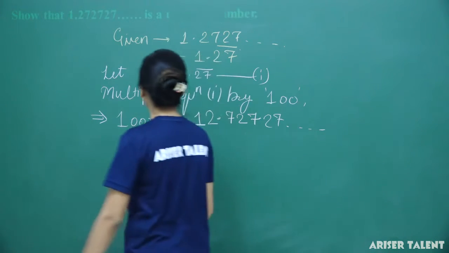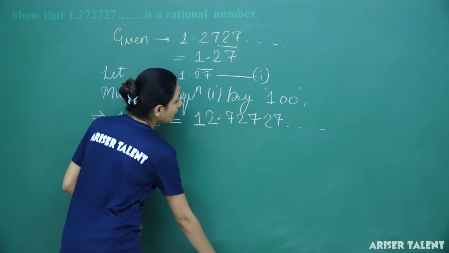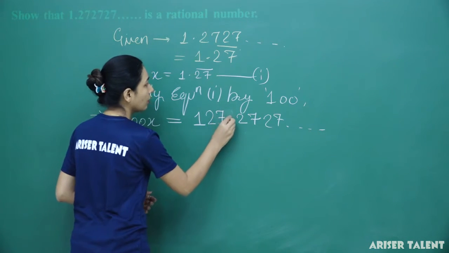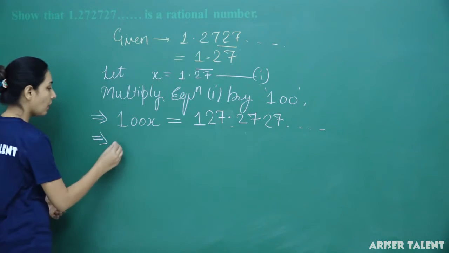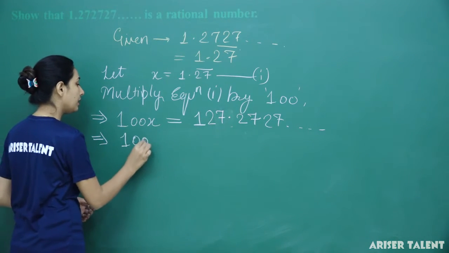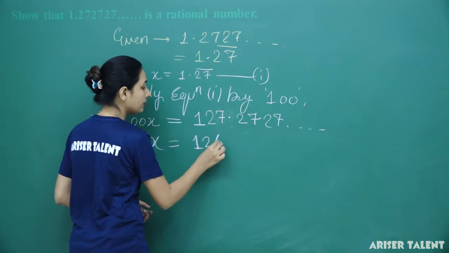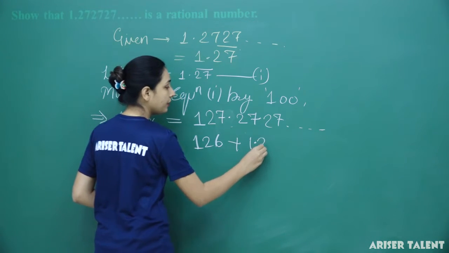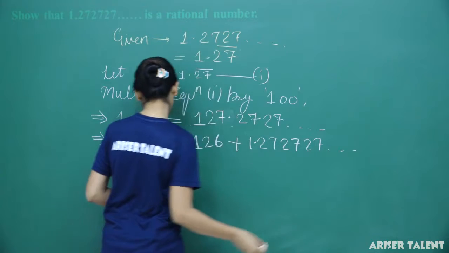So after multiplying it with 100, that will become 127.272727. Now that can be written as 100x equals to 126 plus 1.272727 and so on.